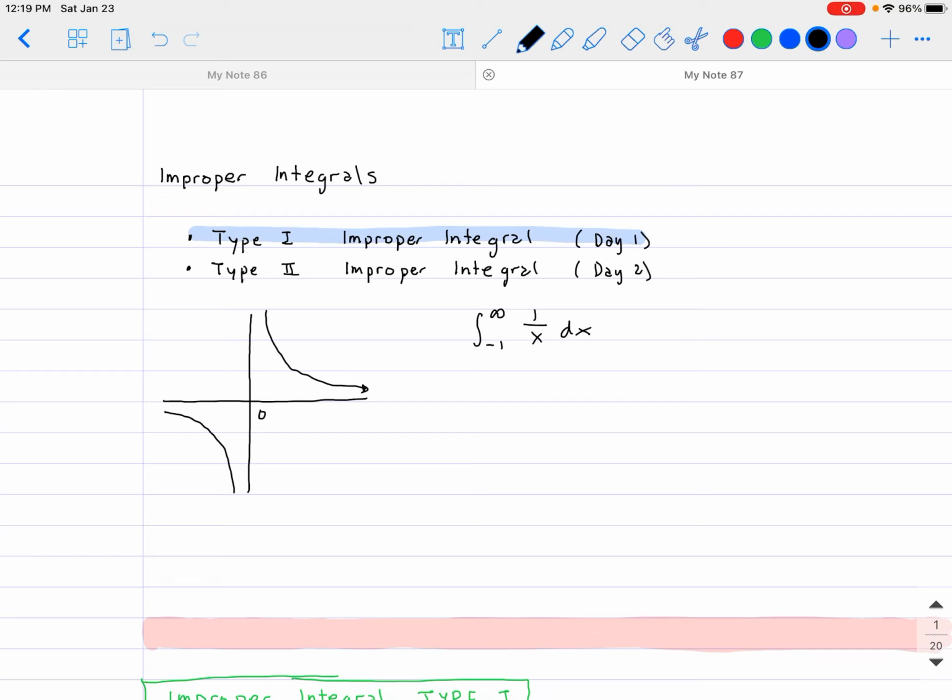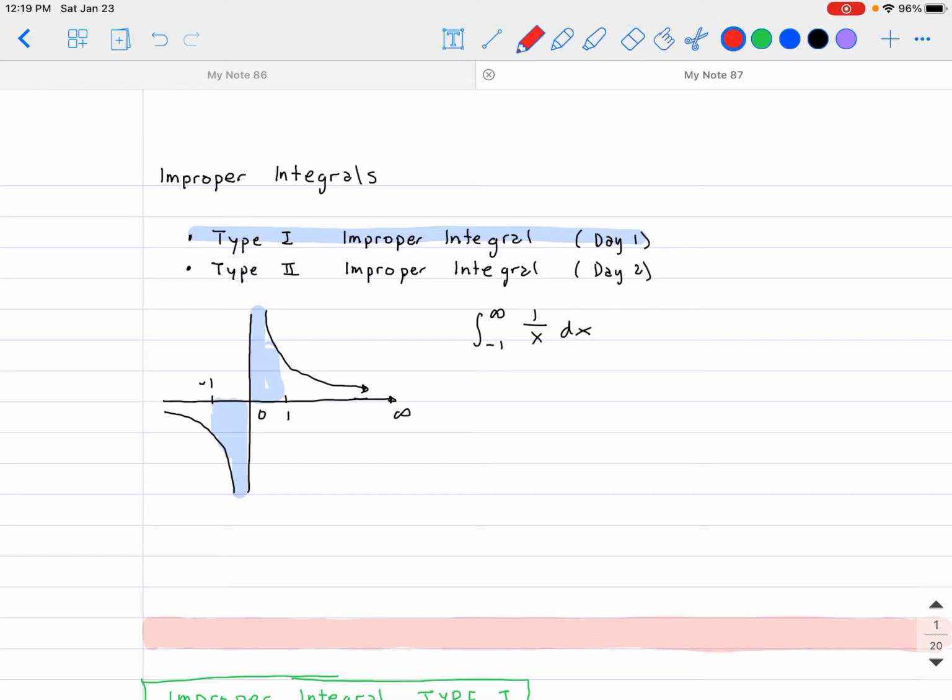Because if you look at it carefully enough, 1 over x is symmetric, and for the most part, you do have some parts that are going to, quote unquote, cancel each other out. So for example, because we're going from -1 all the way to infinity, you can see how this part right here and this part right here all the way to 1, and let me just put the 1 over here, they net because the upper half and the lower half are the same.